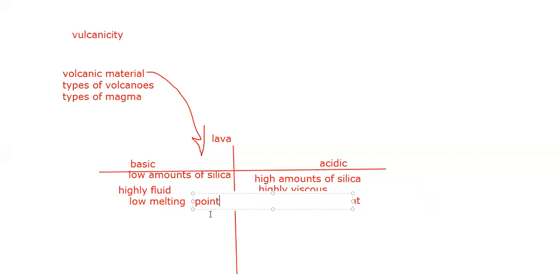Basic lava would travel long distances, because of how highly fluid it is. Meanwhile, acidic lava, because of how viscous it is, would seldom travel far, meaning it would not travel long distances.